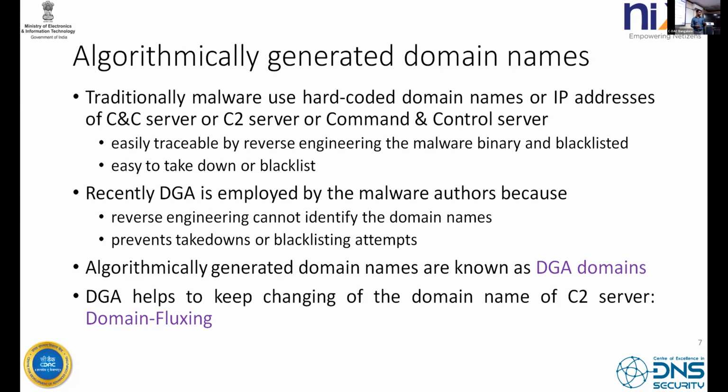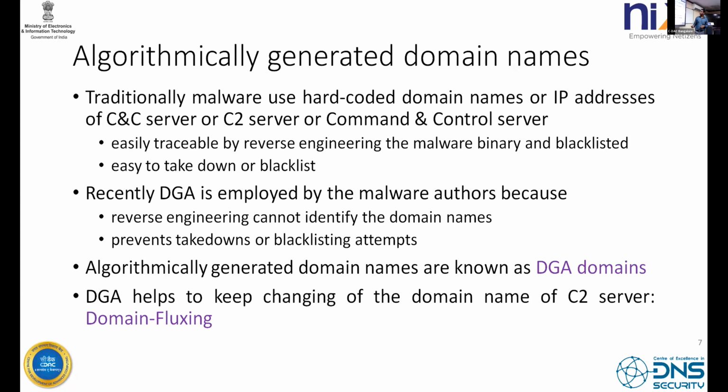Conventionally, a decade ago, the operation was different. But in the past few years, the manner of operation has changed. A malware now comes with something called a domain generation algorithm, a piece of program which can generate domain names.